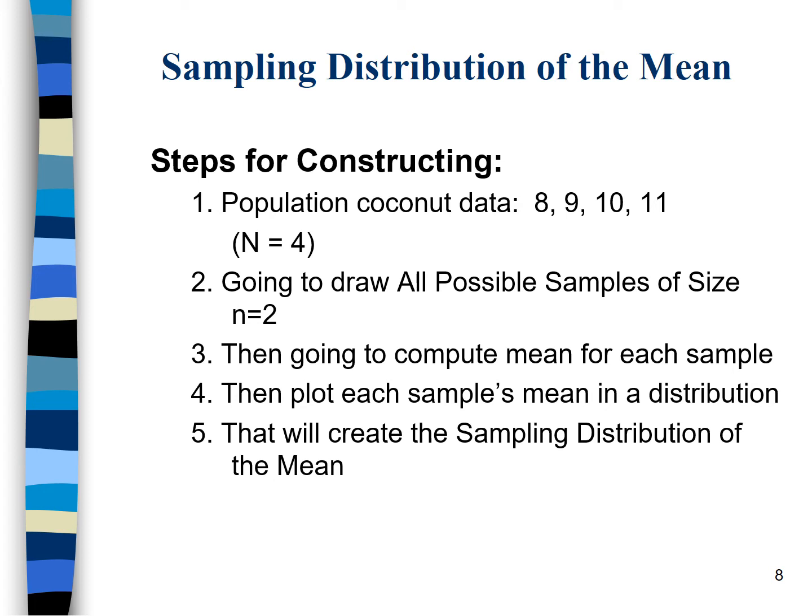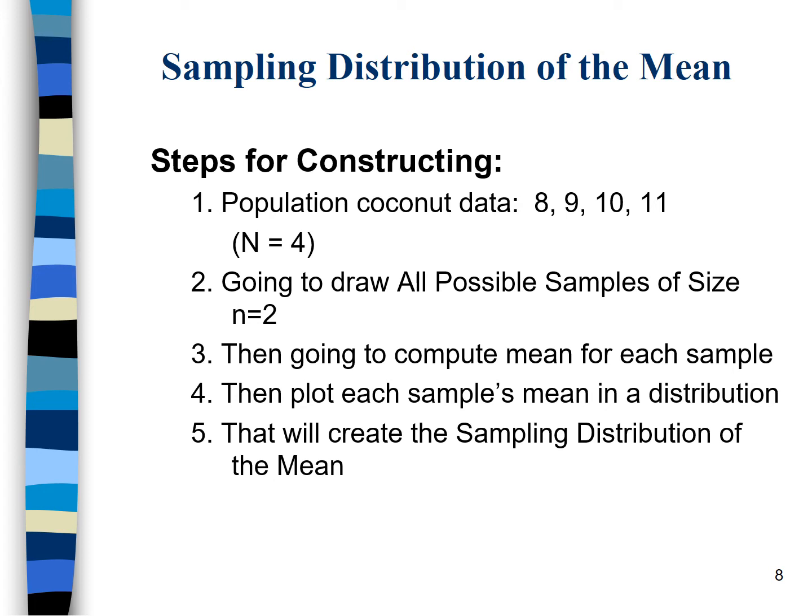Then I'm going to compute the mean for each one of those samples. Once I have computed the mean for each sample, I'm going to plot those means into a distribution. So I'm not going to be plotting individual values. Rather, I'm going to be plotting sample means into a distribution.